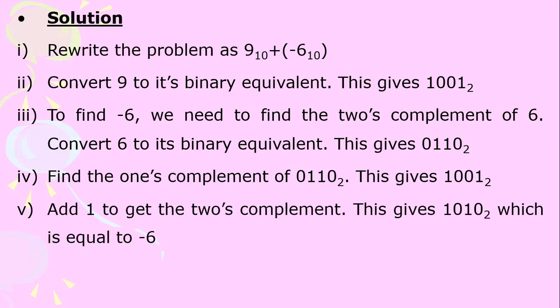Then we add 1 to get the 2's complement. So we add 1 to 1, 0, 0, 1, and you get 1, 0, 1, 0, which is equal to negative 6.